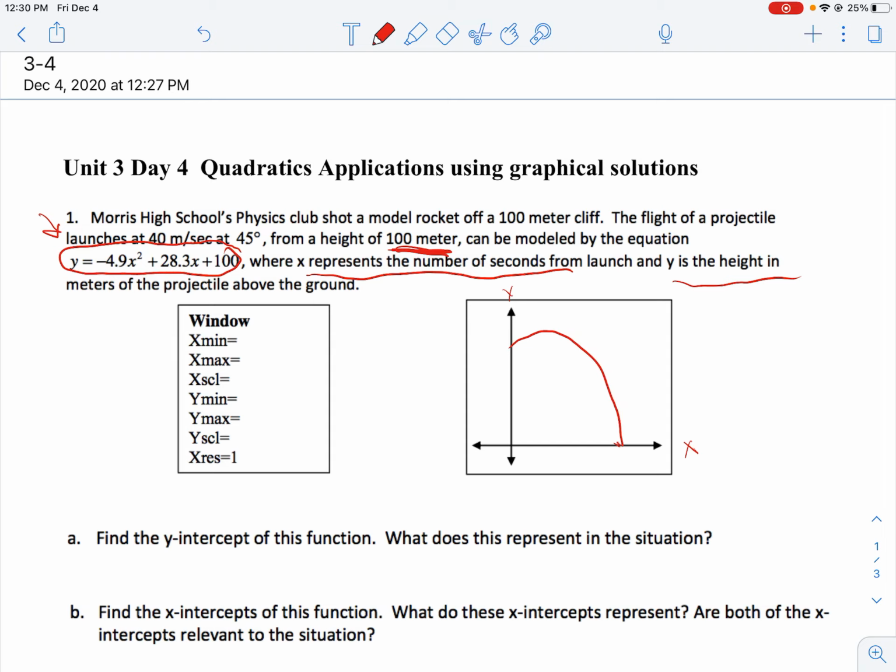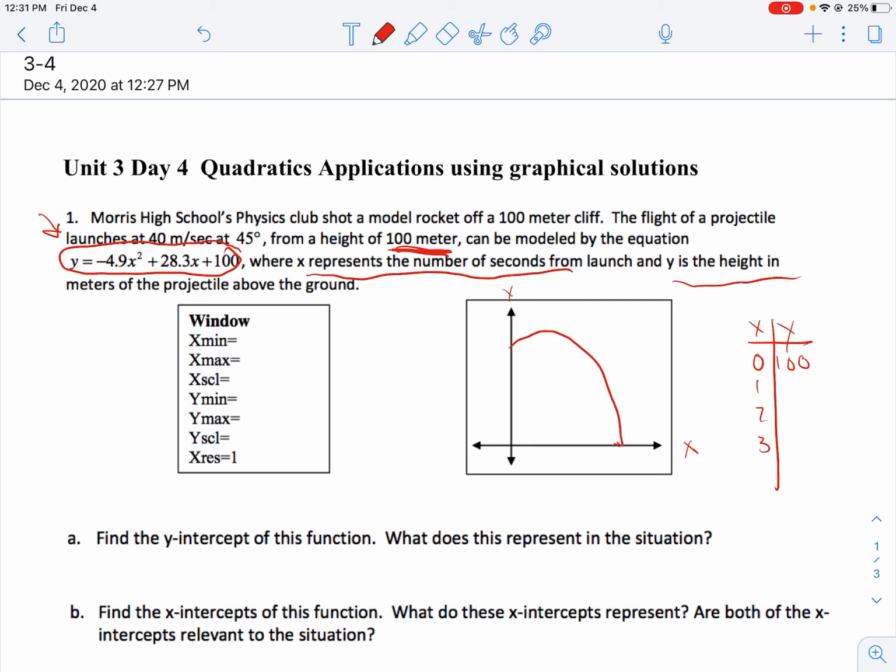Okay, so go to your table of values, and you'll see in your table of values, at 0 we got 100, and then at 1, 2 it starts to go up.